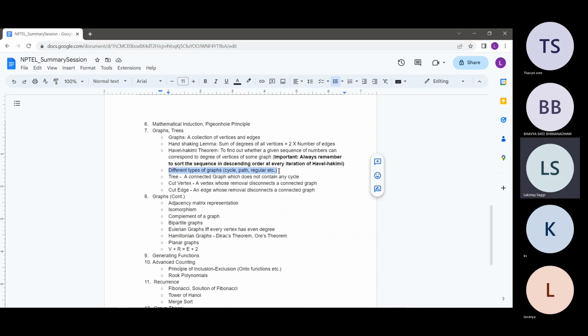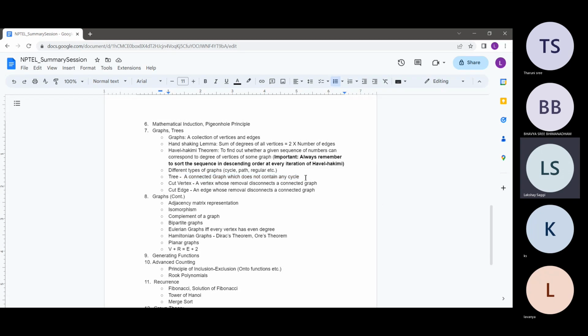And after that, there was the concept of trees. So what is a tree? A tree is just a connected graph which does not contain any cycle. Connected graphs are graphs where every pair of vertices has a path between them. So an acyclic connected graph is a tree. And we studied some properties of trees: a tree with n vertices always has n minus 1 edges.